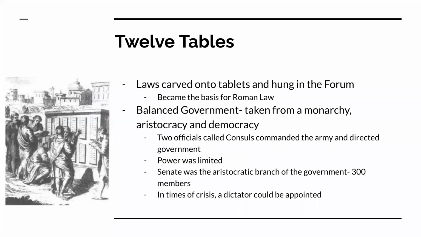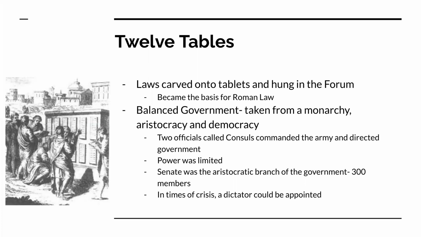So the 12 tables, again, are hung in the forum. They are laws that are carved into tablets, and they become the basis for Roman law. It's a huge victory for the plebeians to have this written, codified law.